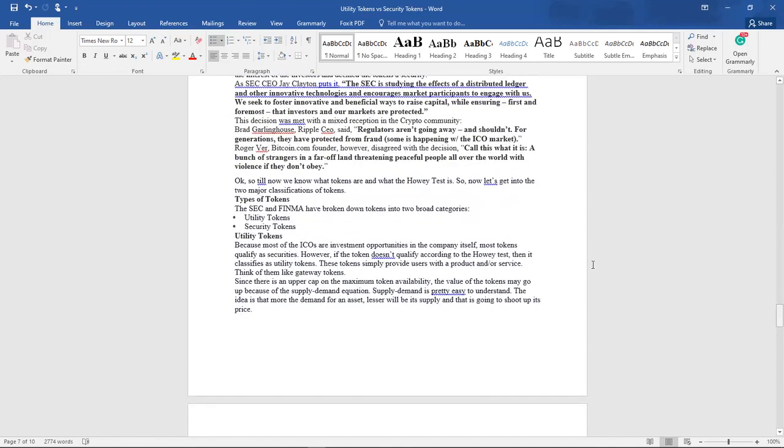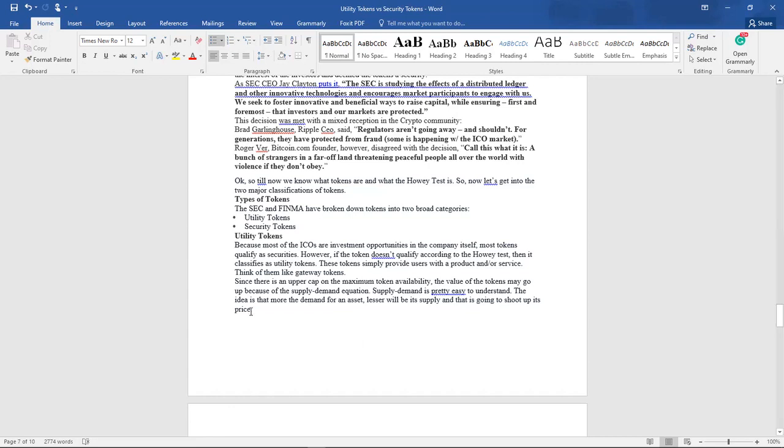Since there is an upper cap on the maximum token availability, the value of the token may go up because of the supply and demand equation. Supply and demand is quite easy to understand: the more the demand for an asset, the lesser its supply, and that is going to shoot up its price.